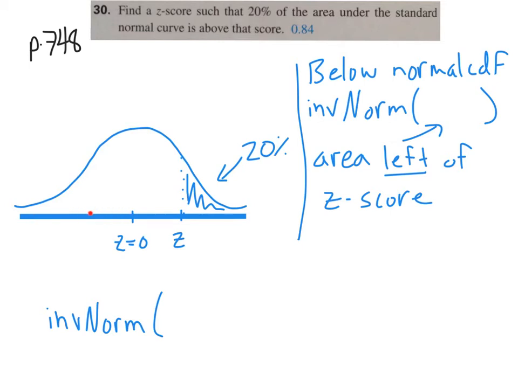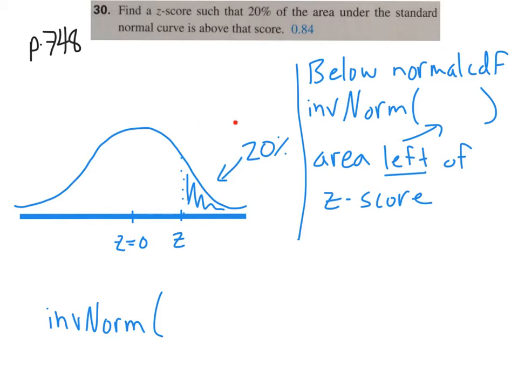So if I put my z-score on the left and say that 20% is above it, that can't be, because if my z-score is on the left-hand side, there's at least 50% above it. So I automatically know that if they say 20% of the area is above, my z has to be somewhere on the right, somewhere above z equals 0.